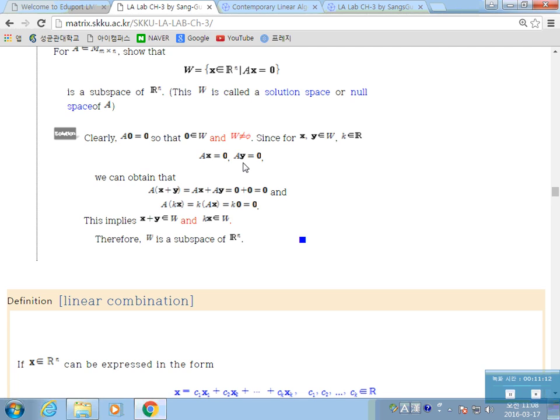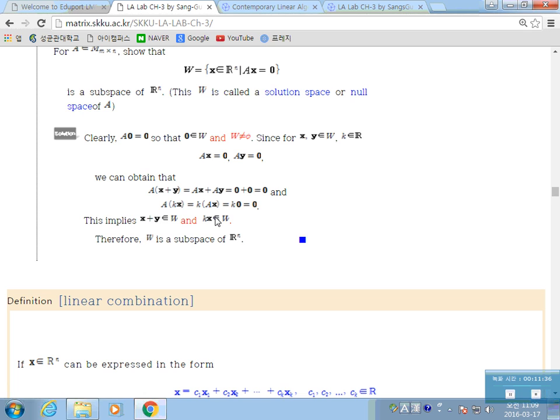Now what we have to show is A(x + y) is a zero vector and A(kx) is equal to a zero vector. What this means is x + y is a solution of this homogeneous linear system, and kx is also a solution. Which means x + y is in W and kx is in W.